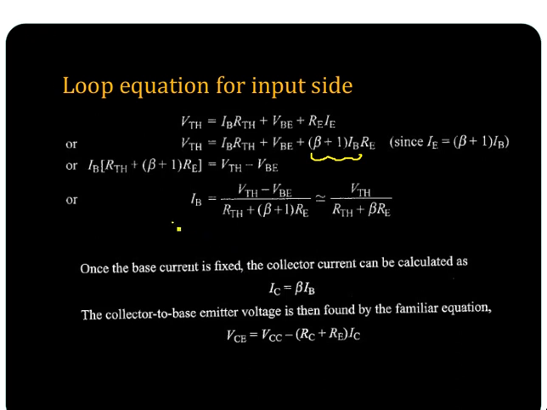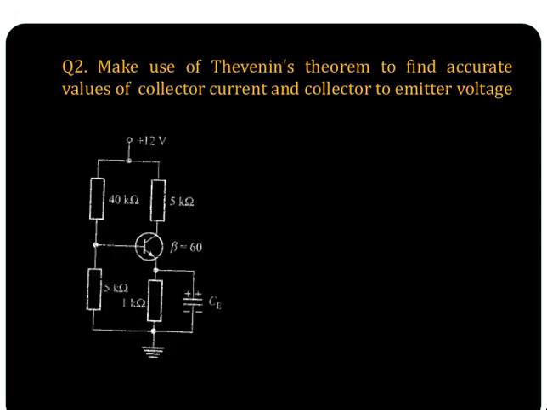So once the base current is fixed, the collector current can be calculated as IC is equal to beta times IB. The collector to emitter voltage is then found by a similar equation here. VCE equal to VCC minus IC into RC plus RB. Okay. Now you can use Thevenin's theorem to find accurate values of collector current and collector to emitter voltage for this particular example.